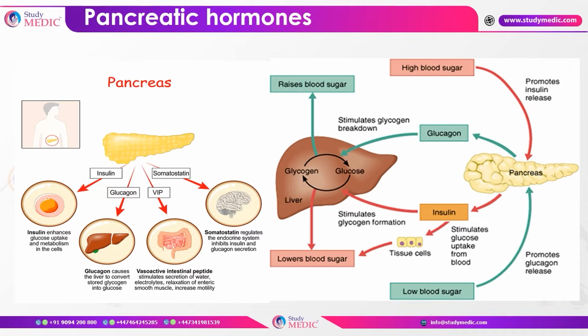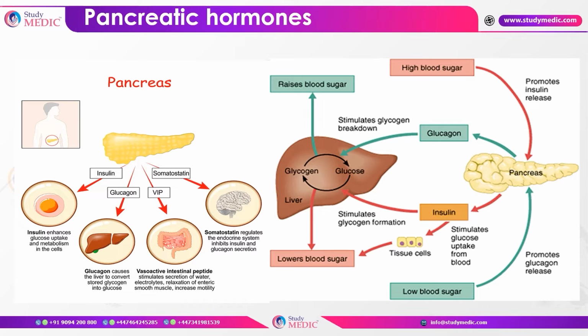The other important hormone secreted from the pancreas is glucagon. The stimulus for glucagon is exactly opposite to that for insulin. Whenever there is hypoglycemia, that is a very potent stimulus for secretion of glucagon. Obviously, the action of glucagon is to raise blood glucose levels. Glucagon mainly acts on the liver.